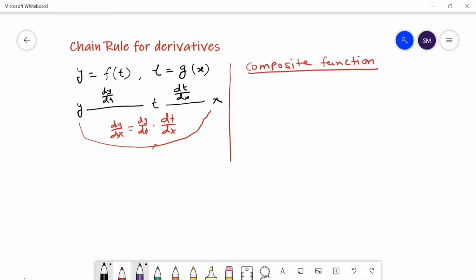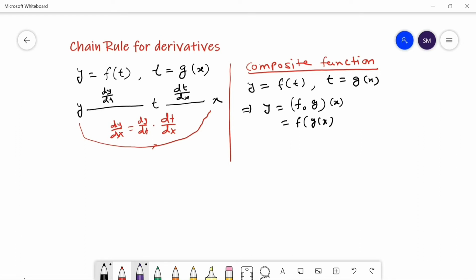Say how the composite function is expressed here. y is equal to f of t and t is equal to g of x. Then we can write that y is equal to f composition g of x. So this is f of g of x.